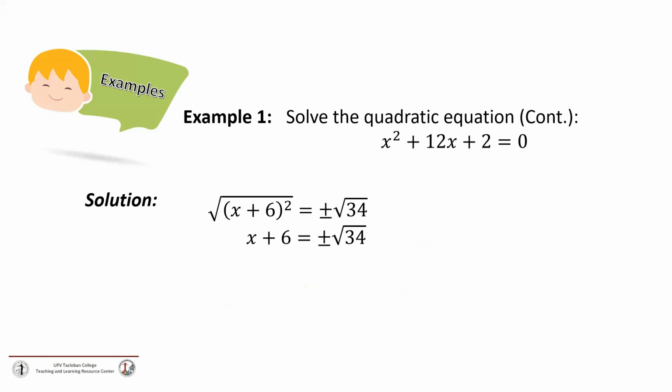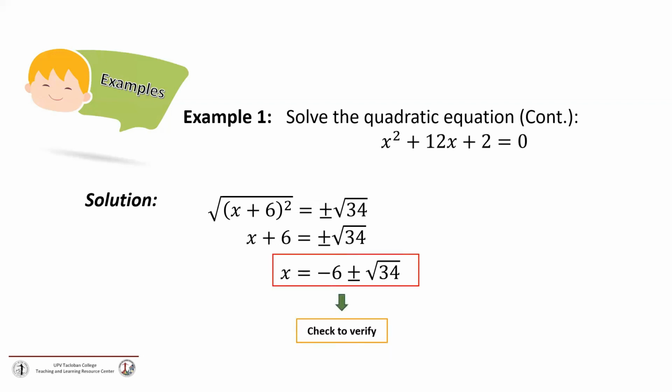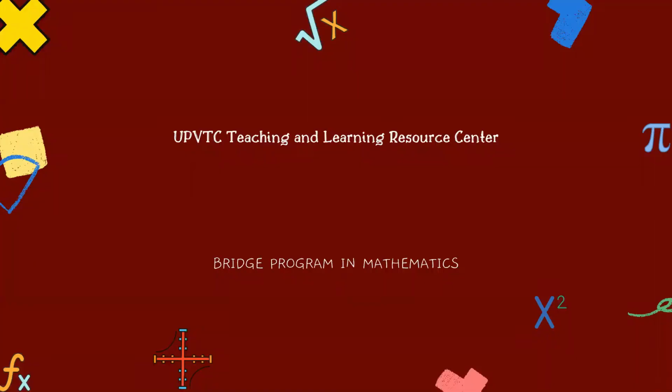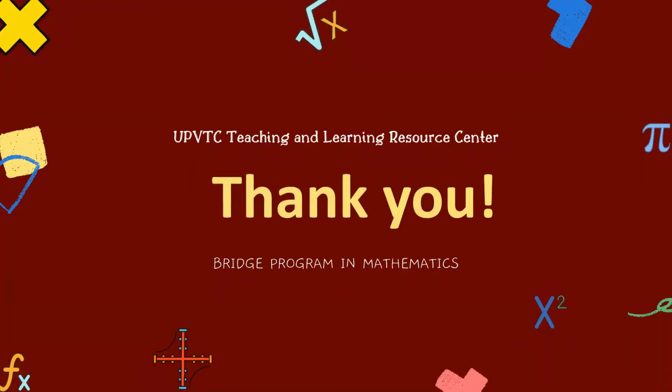The resulting expression is x plus 6 is equal to plus or minus the square root of 34, and that gives x is equal to negative 6 plus or minus the square root of 34. So you check to verify that the solution set consists of negative 6 minus the square root of 34 and negative 6 plus the square root of 34.